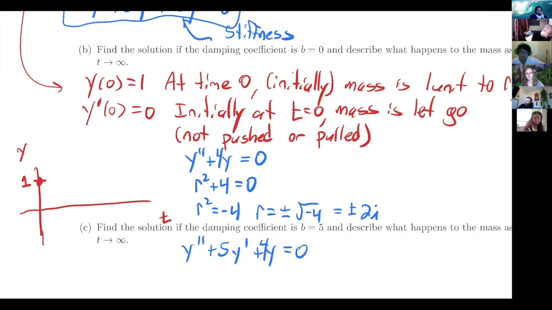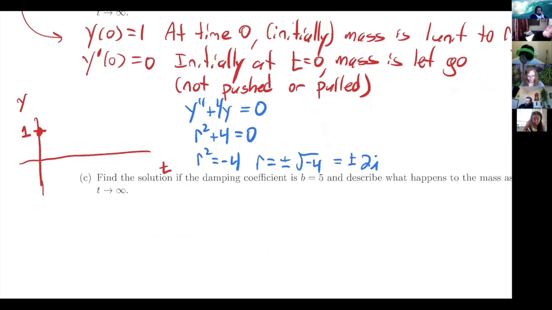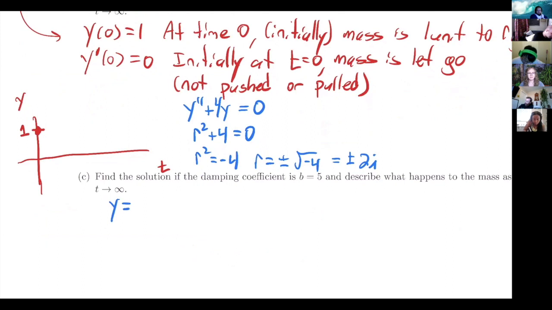So with that said, Kirsten, I think you were sharing what you did on part B, so what was the general solution that you got based on those roots? So the general solution was y equals c1 cosine of 2t plus c2 sine of 2t.